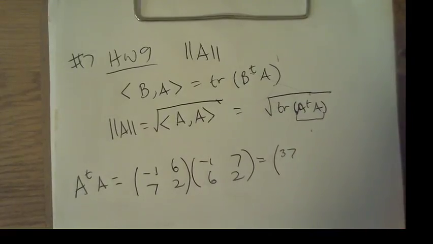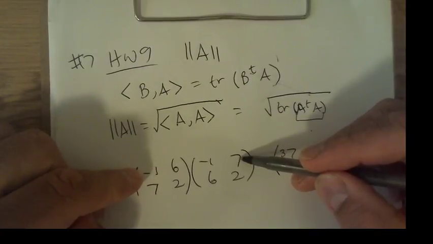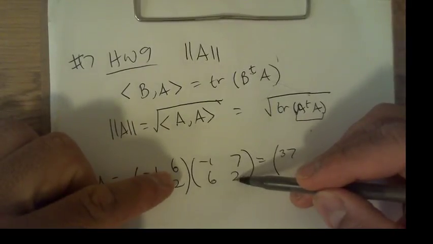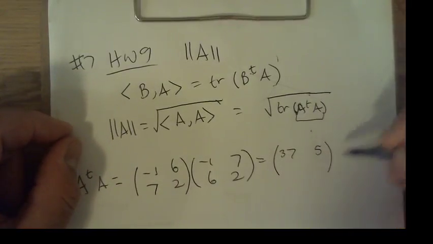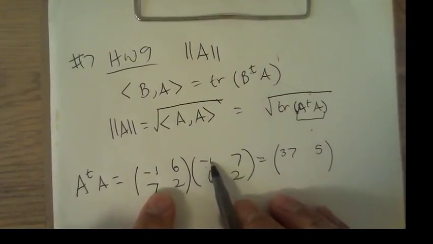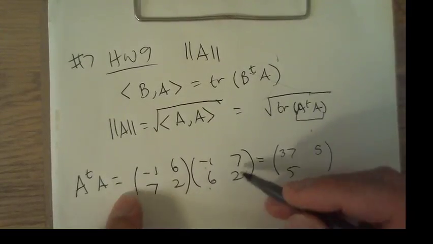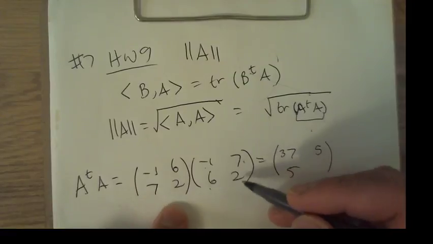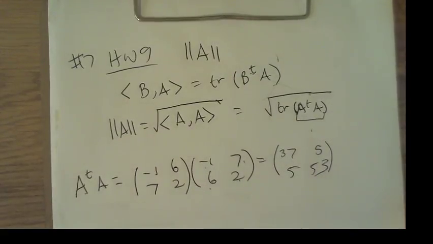We get 37 here, and then here we'll get negative 7 plus 12. We get 5. All right, and then here we get negative 7 plus 12. We get 5, and here 49 plus 4. We get 53. Okay, so I just did this matrix multiplication, right?